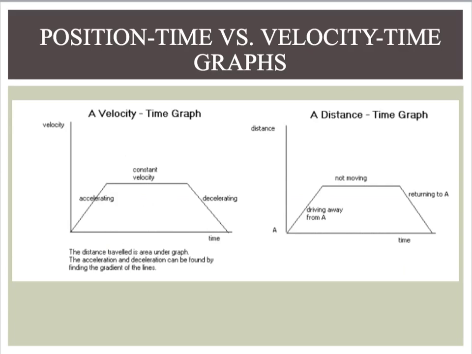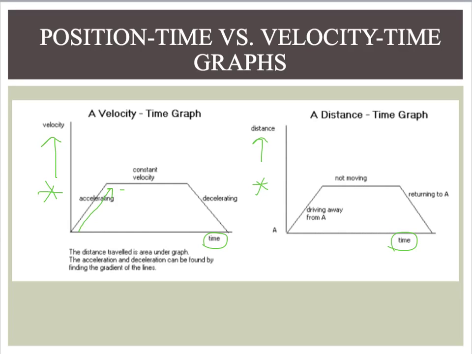So when we're reading graphs, we have to be really careful to pay attention to what the axes mean. Most of the time you're going to see time on the x-axis, but the big important thing here to look at is what's on the y-axis. So if I were to have velocity and time on a graph, if the line is moving up, that means my velocity is increasing with time. So that means I'm accelerating.